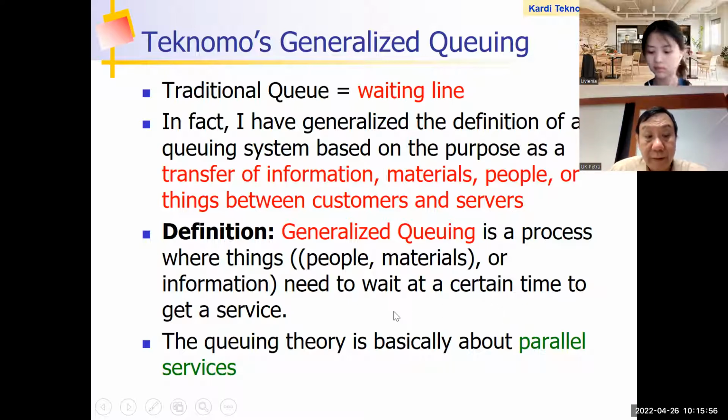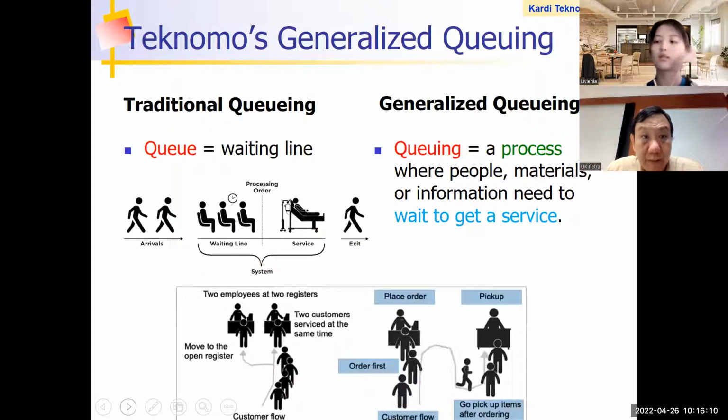Now, when we study queuing theory, basically we study parallel services. These are the main themes in this topic of queuing theory. Look at this. This is the traditional queuing theory. Basically queuing is just arrival, then they wait, then they are served and then exit.